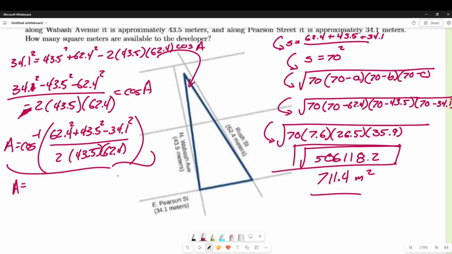But 62.4 squared plus 43.5 squared minus 34.1 squared, all that divided by the quantity of 2 times 43.5 times 62.4.